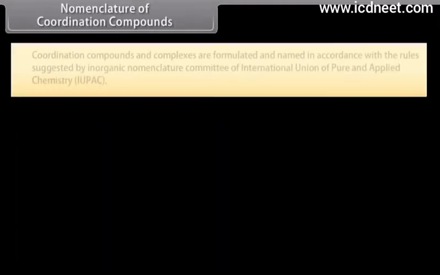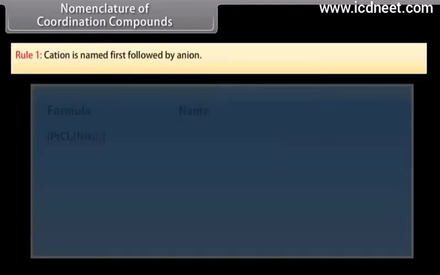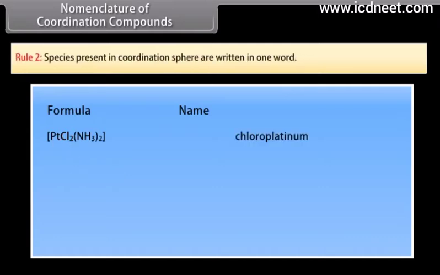Nomenclature of coordination compounds. Coordination compounds and complexes are formulated and named in accordance with the rules suggested by Inorganic Nomenclature Committee of International Union of Pure and Applied Chemistry. Rule 1. Cation is named first, followed by anion. Rule 2.